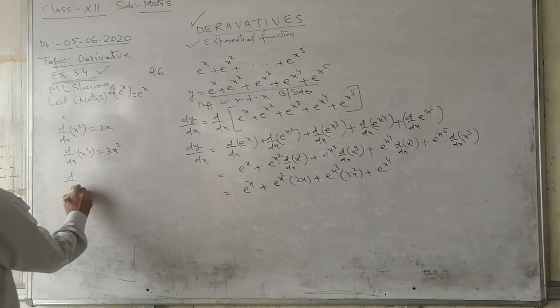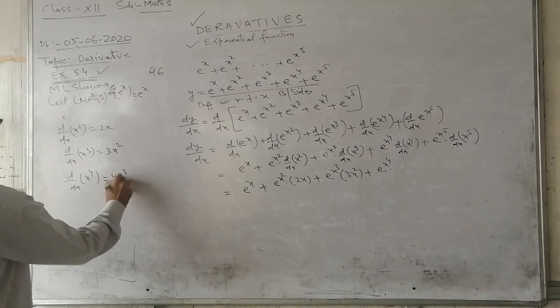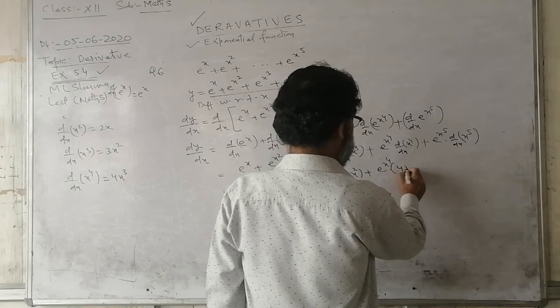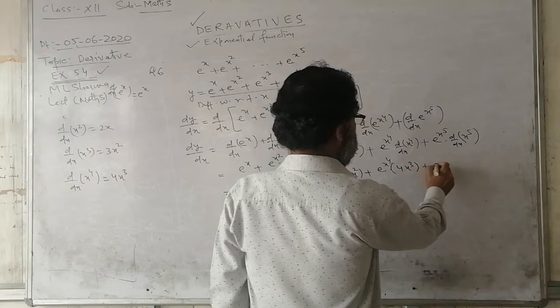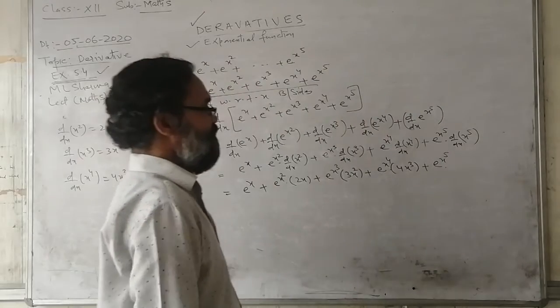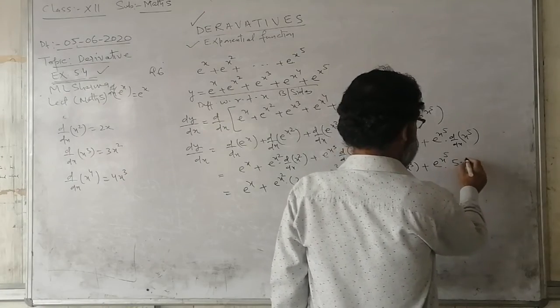Then e^(x⁴) into the derivative of x⁴. d/dx of x⁴ is 4x³, so here 4x³. And the last term, e^(x⁵) into the derivative of x⁵, which will be 5x⁴.